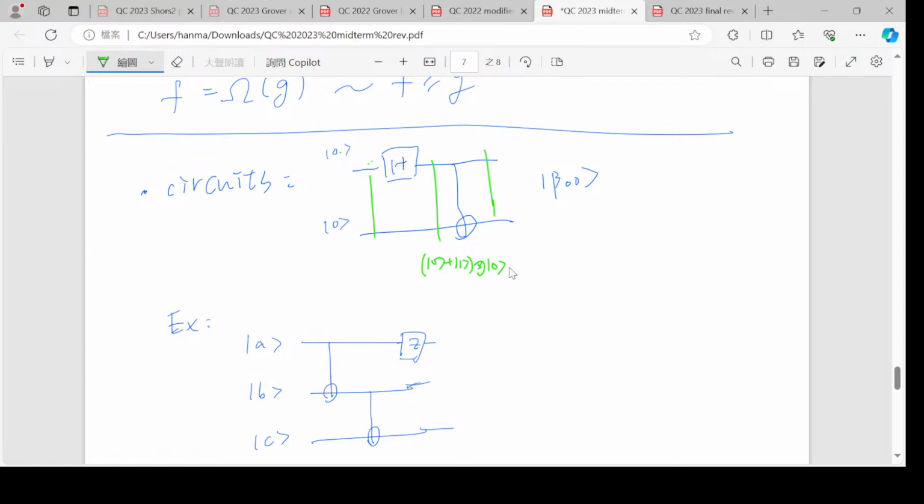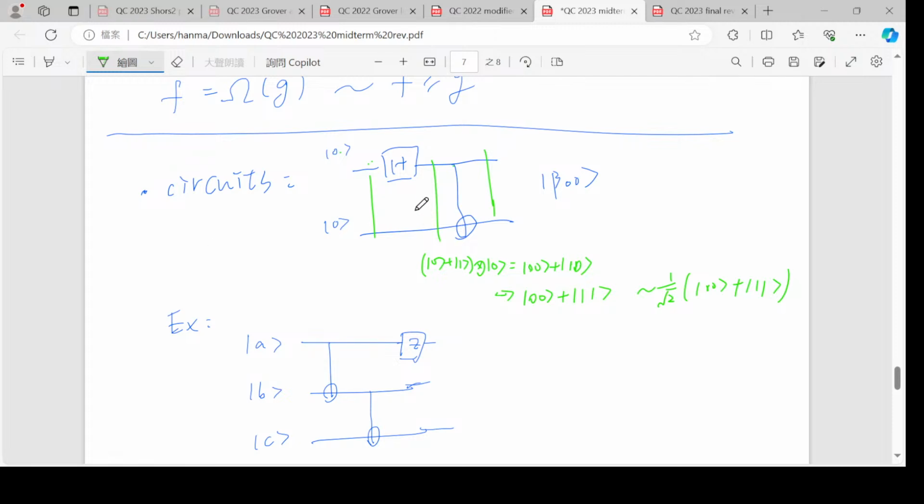So this is 0 plus 1 tensor 0, which is 00 plus 10. Then this CNOT adds the first register to the second register, so 00 stays 00, and for 10, the 1 added onto the 0 becomes 11. So our result is 00 plus 11, and when you normalize it, it's 1 over square root of 2 times 00 plus 11.